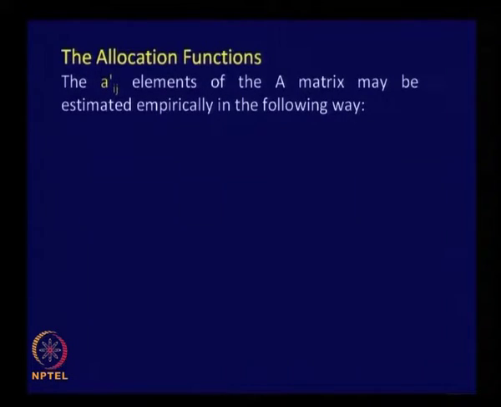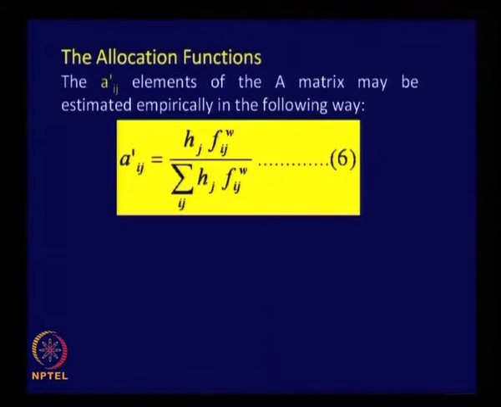The A dash ij elements of the A matrix may be estimated empirically in the following way.